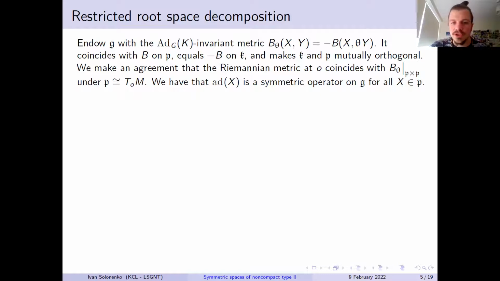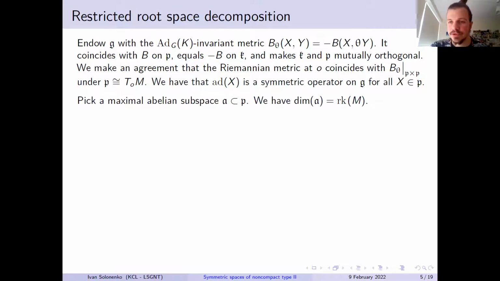Now, the adjoint of X, if X is in the 𝔭 summand, is a symmetric or self-adjoint operator on 𝔤, which we'll use in a second, as again in the reminder about the restricted root space decomposition. So we pick a maximal abelian subspace 𝔞 in 𝔭, and its dimension is precisely the rank of M. This is one of the definitions of the rank.